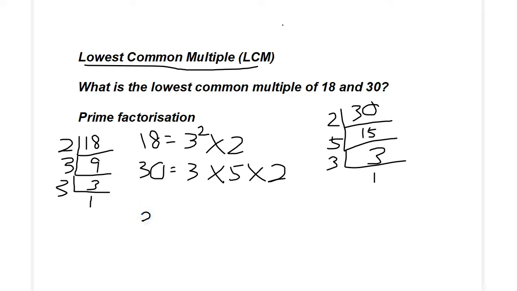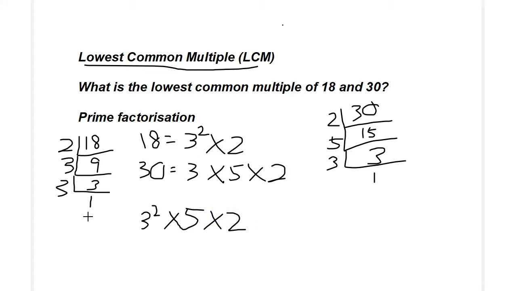So we write down 3 squared. Okay, you see there's no 5 here, so basically we can just think of nothing here, and this is the higher one. Since there's nothing, we will just use 5. And for 2 it is the same, so we will just use 2.